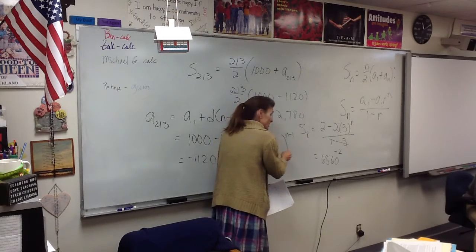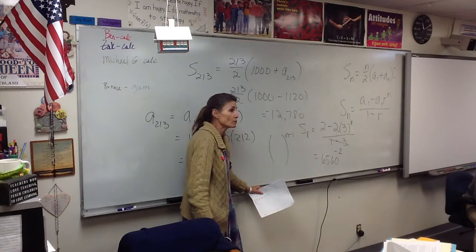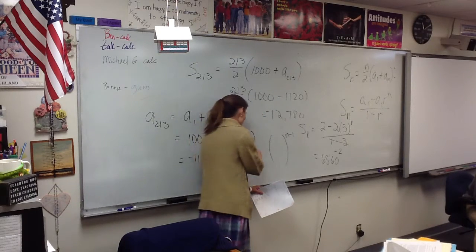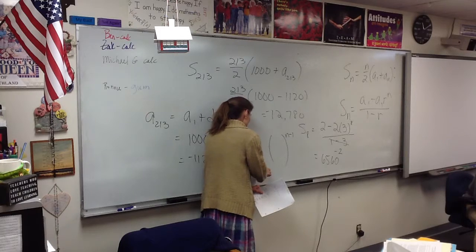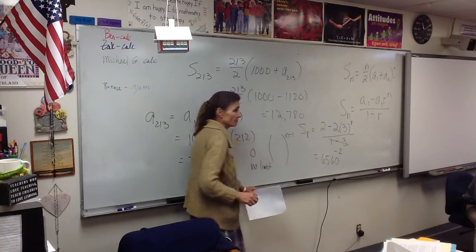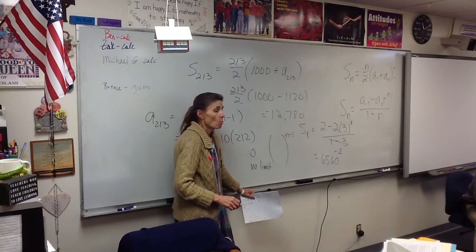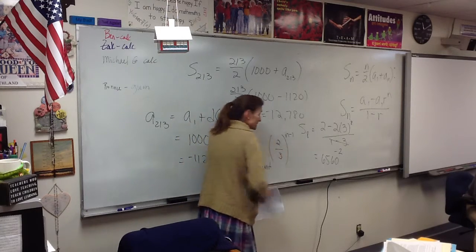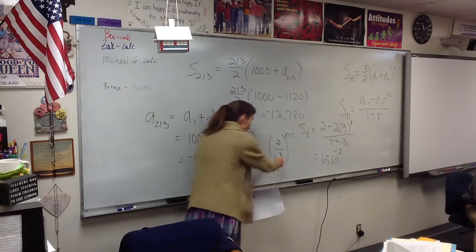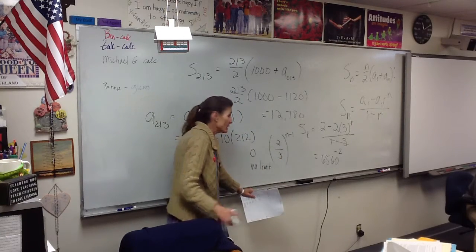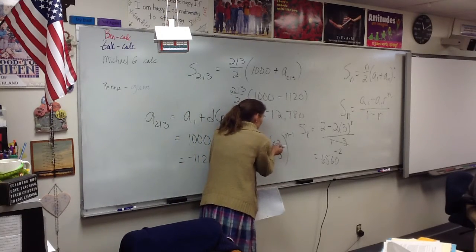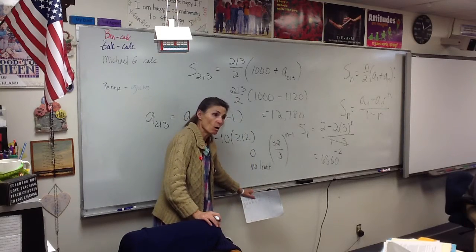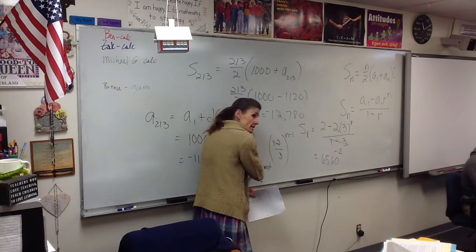The answer to this question is always going to be either 0 or no limit. Those are the only two options. When is it 0? When this fraction is less than 1, when it's bottom heavy. If the fraction is bigger than 1, then it will be no limit.